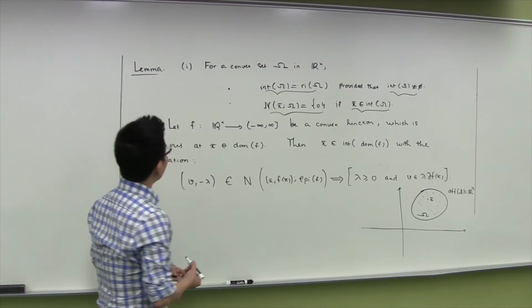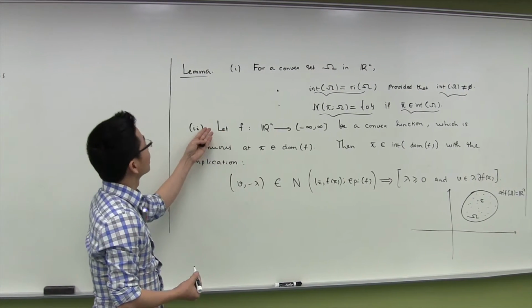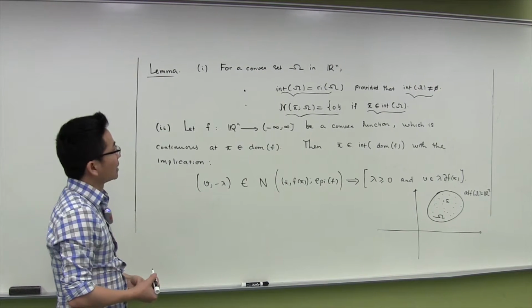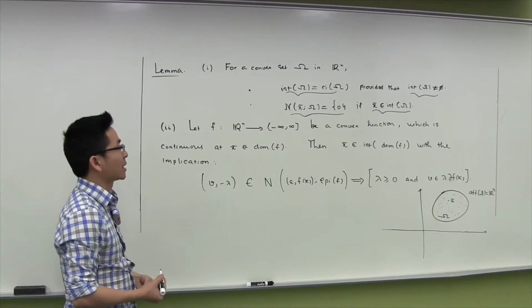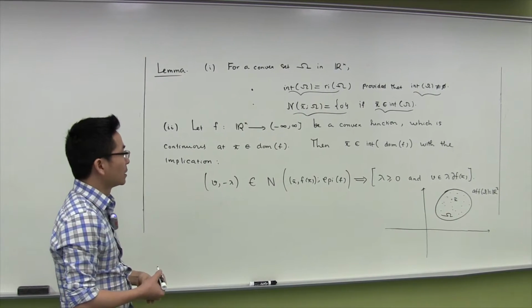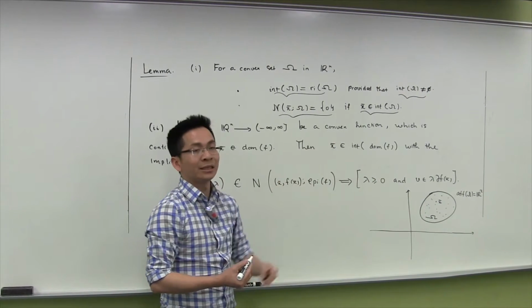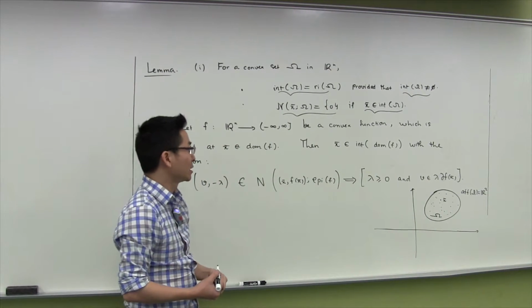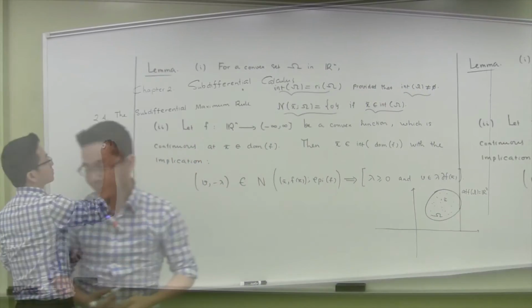Now I'm going to focus on the second part of the lemma, showing that if f is a convex function that is continuous at a point, then that point belongs to the interior of the domain of the function, and also we have this implication.